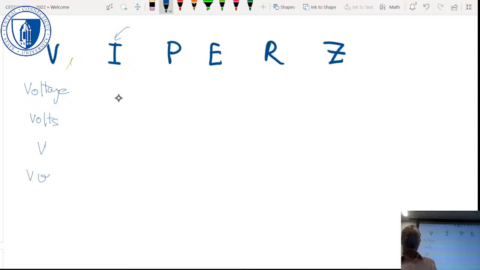The units are amperes. The symbol for the units is capital A, and the variable is either I or script A. P is power.